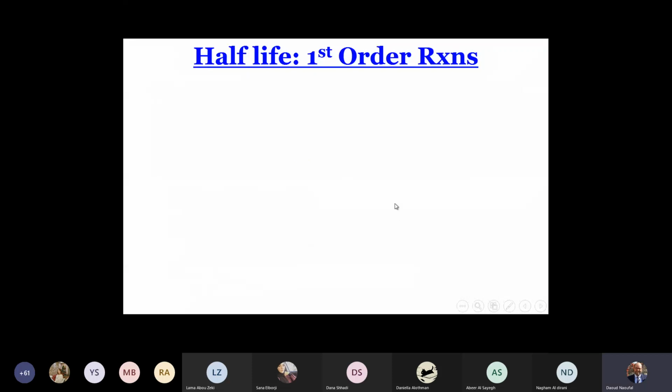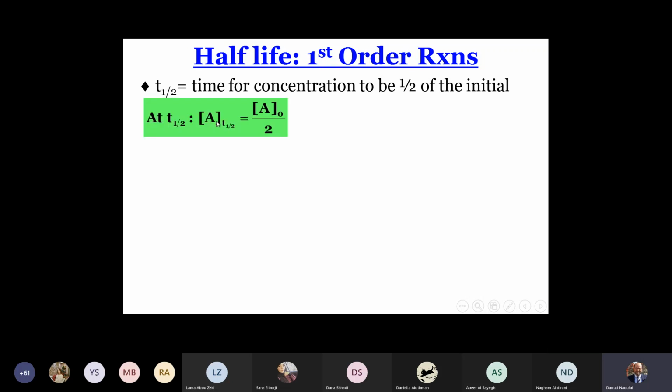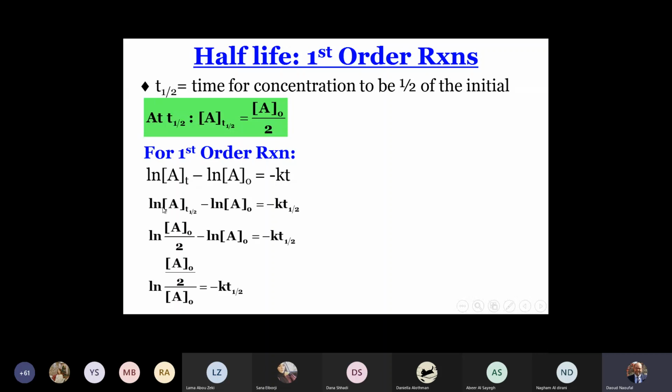I pass to reaction order 1. T-half is the time needed to convert half of the initial concentration. At t-half, the A concentration equals A0 divided by 2. If the reaction is of first order, then ln At minus ln A0 equals minus Kt is justified. So ln A at t-half minus ln A0 equals minus K t-half.